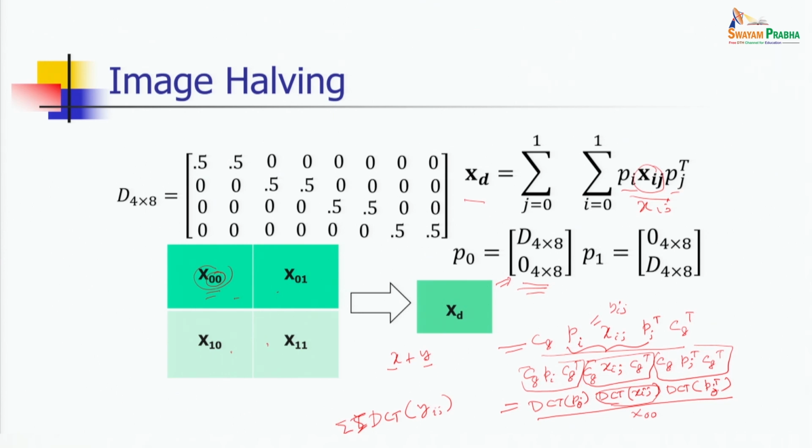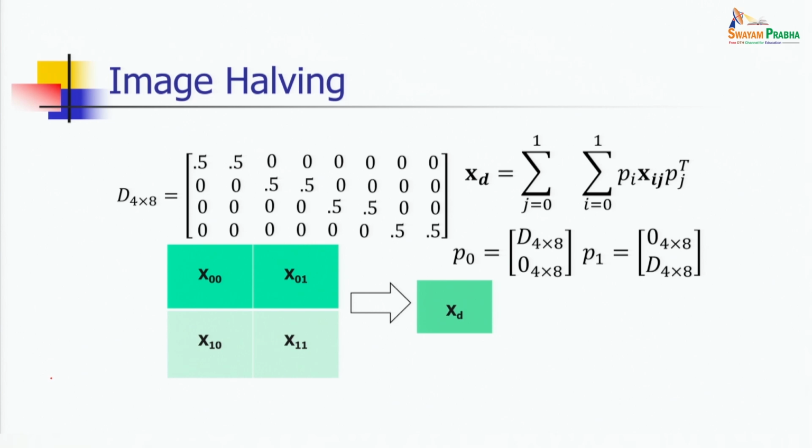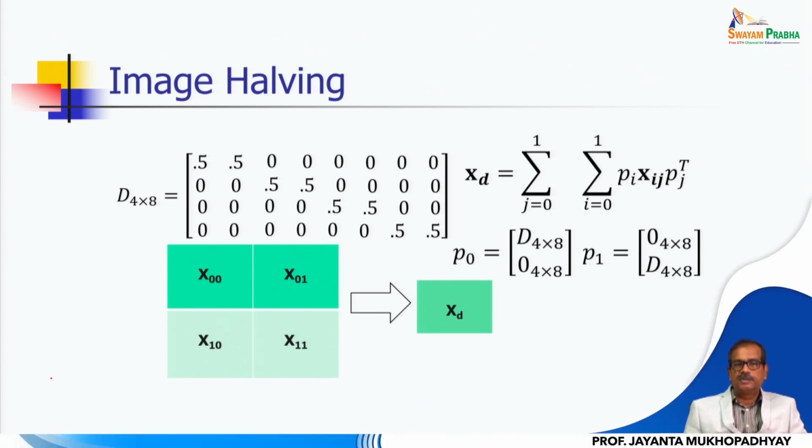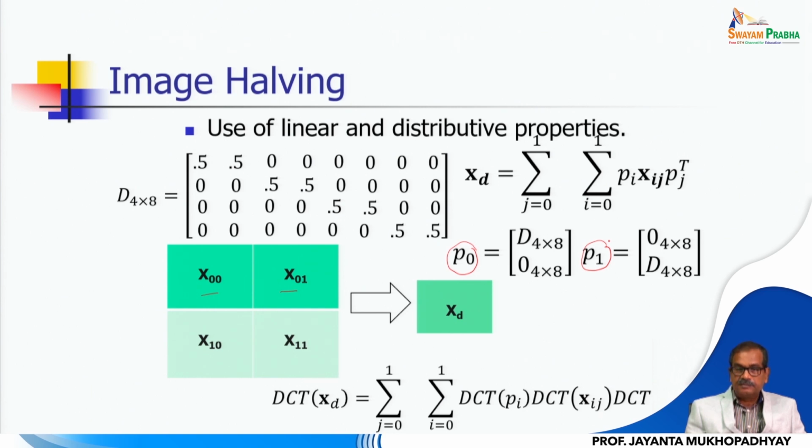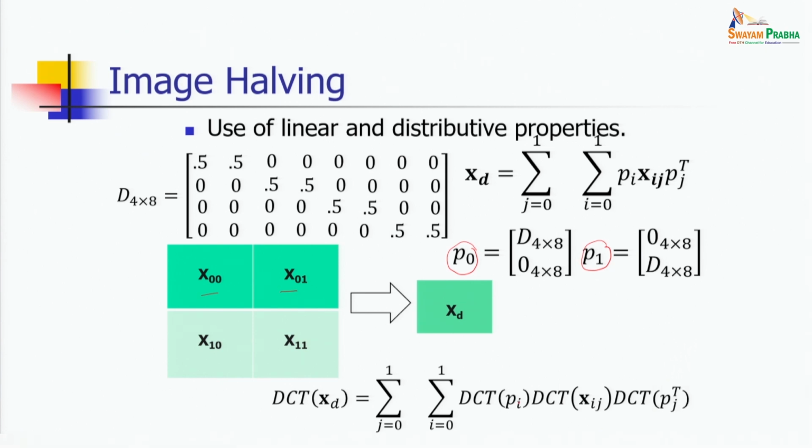You should note that all are of the same dimension, so dimensional consistency has to be maintained. This is how this compressed domain algorithm could be designed. Without going into the spatial domain, I can directly play with these coefficients by using DCT of P0 and DCT of P1 appropriately. Mathematically, we are using the linear and distributive properties of the discrete cosine transform.